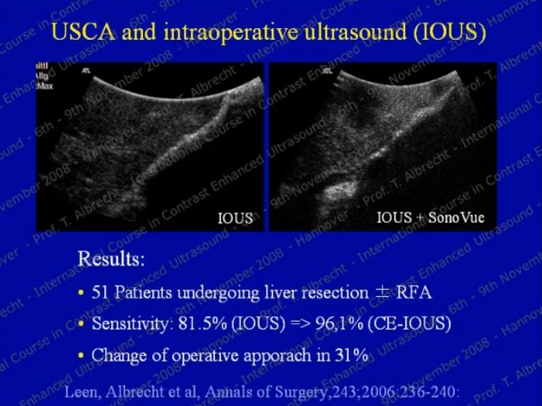Now, you may wonder and say, hang on, we thought that intraoperative ultrasound was the gold standard and was almost 100% sensitive. That is obviously not true. If you just perform intraoperative ultrasound, you will probably overlook about 20% of the metastasis. And that corresponds very well to the clinical outcome of those patients, because we know that about half of the patients who undergo liver resection will come back with so-called new metastasis within 6 to 12 months.